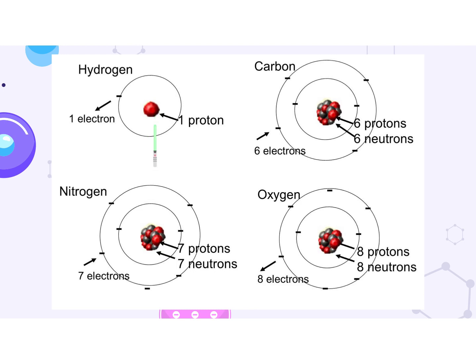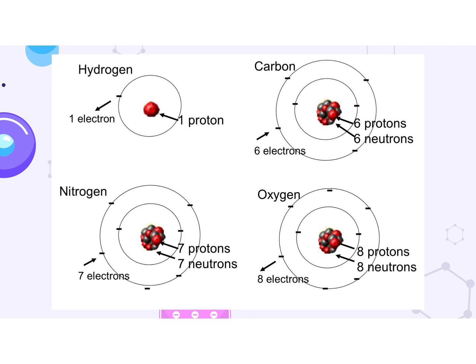Anytime you see an atom with 1 proton, it's always going to be a hydrogen because that's what identifies it. If we look over here, carbon has 6 protons, nitrogen has 7, and oxygen has 8. So the number of protons never changes unless you're changing the identity of that element. So if you have an atom of hydrogen, it's always going to have 1 proton.